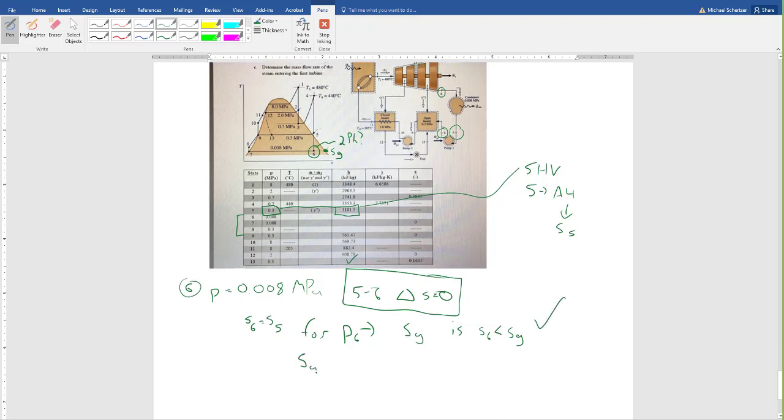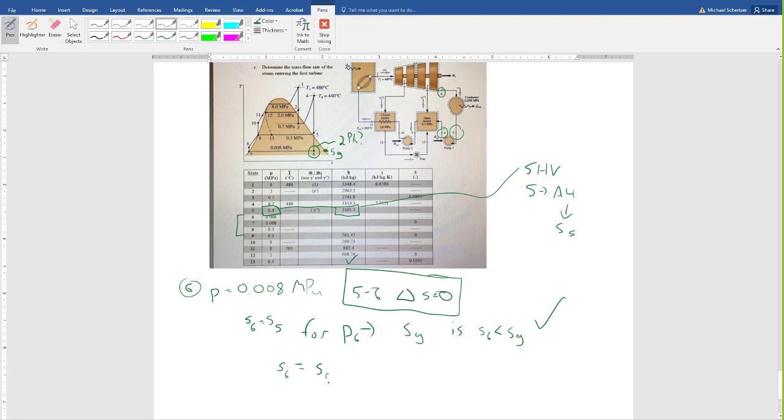So here I would find S6. I'd write down my quality equation. I know that S6 is equal to SF plus X6 times (SG minus SF). Maybe I'll write the whole thing out instead of skipping a step.